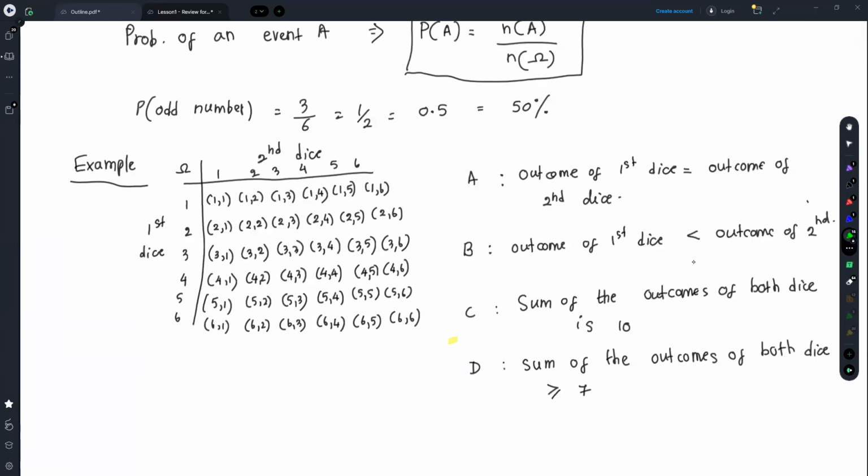Okay, so what is the answer for the first one? What is the probability that the outcome of the first die is the same as the outcome of the second die?